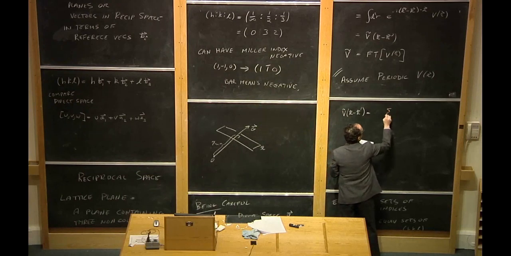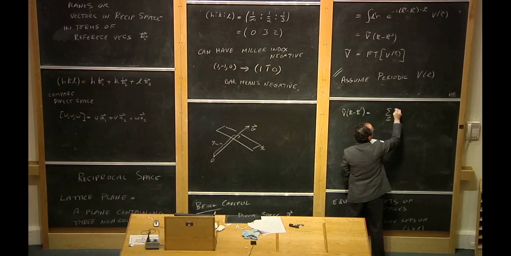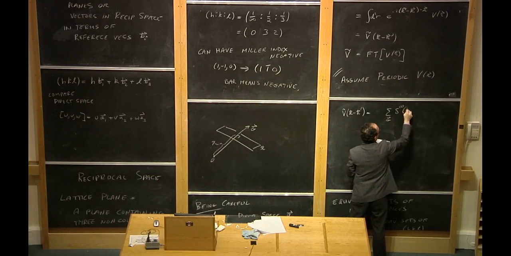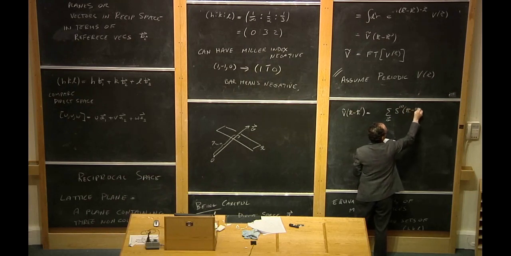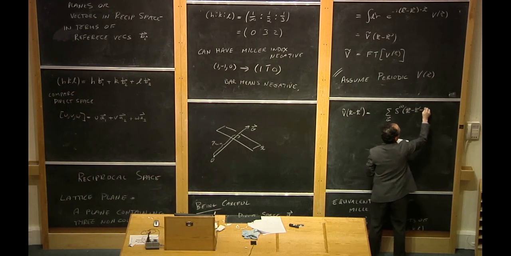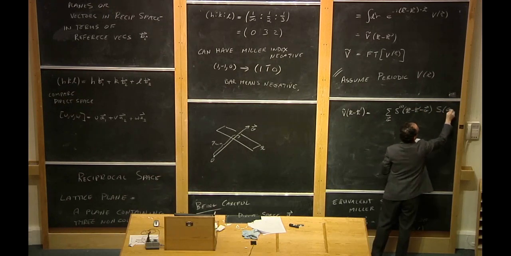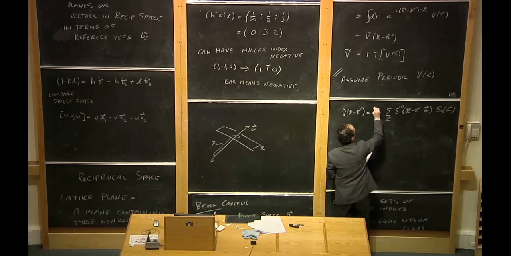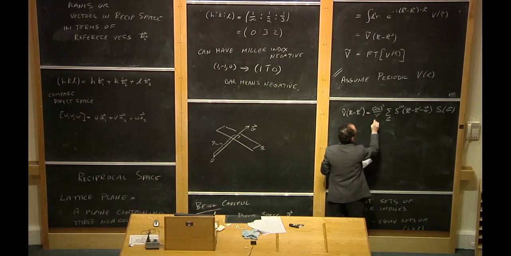sum over reciprocal lattice vectors g of a three-dimensional delta function of k minus k prime minus g, times the structure factor of g. I guess there's some normalization factor, 2 pi cubed over the volume of the unit cell.